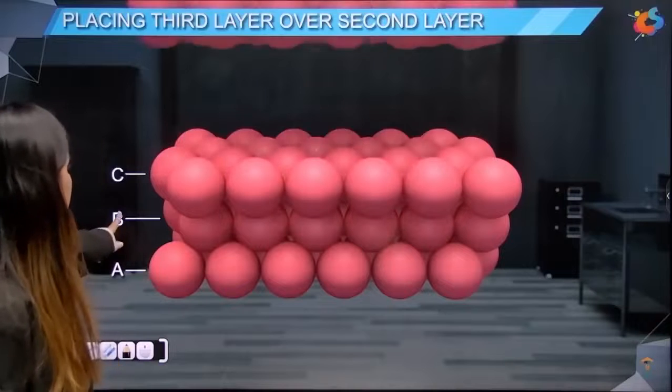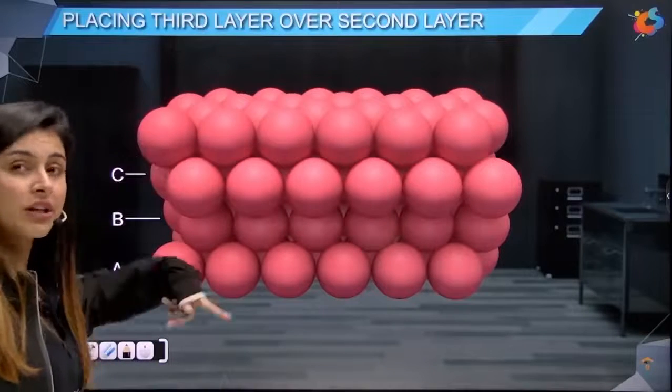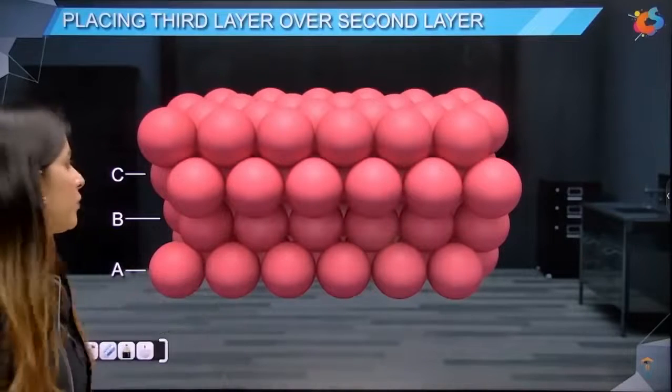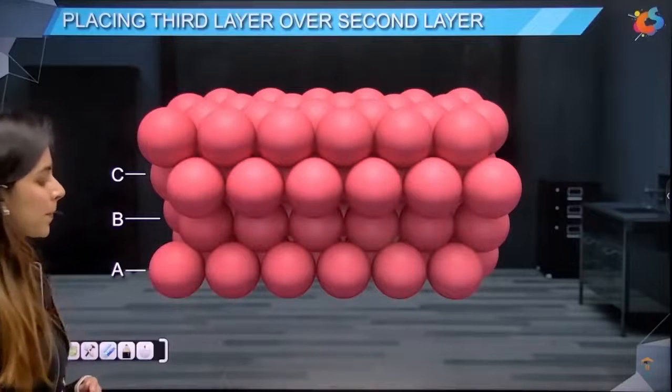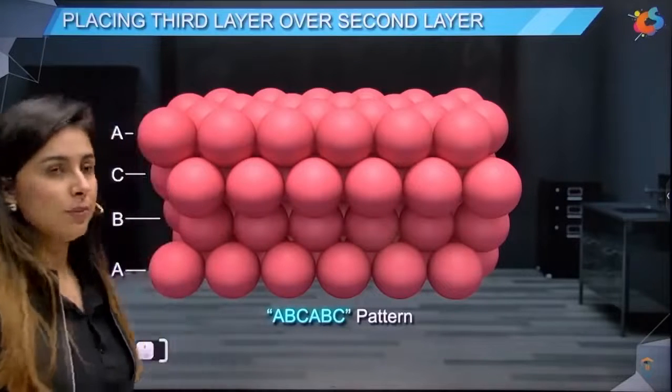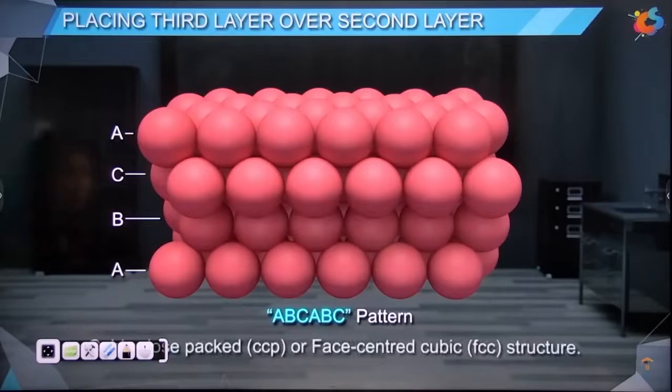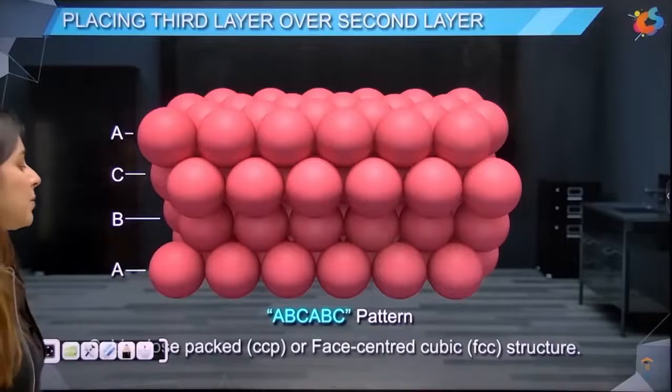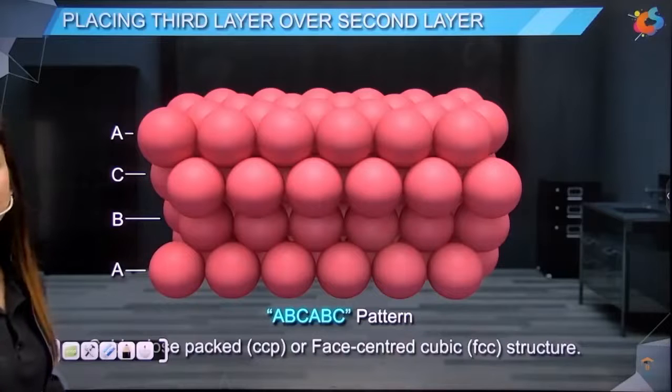Now this is A layer, B layer, and the C layer is covering your octahedral voids. This is the ABC pattern. And it gives you a CCP or the face-centered cubic unit cell.